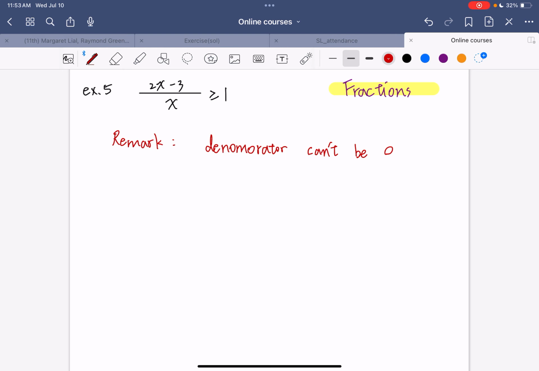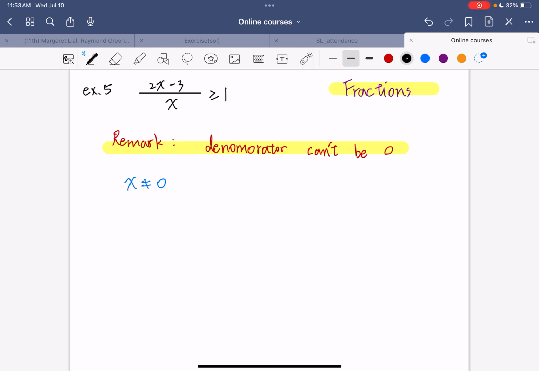Anything under this line is the denominator. It cannot be 0. So, for this question, we have to mark that x cannot be 0.